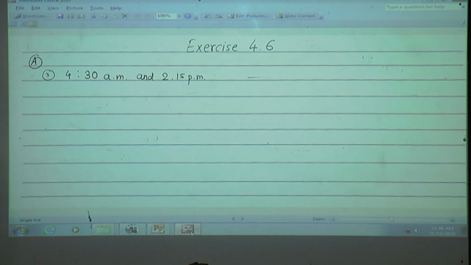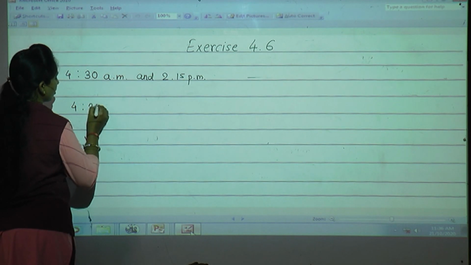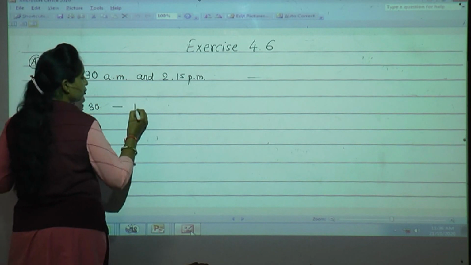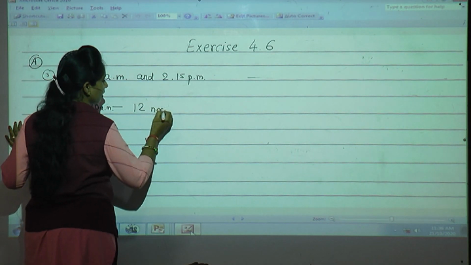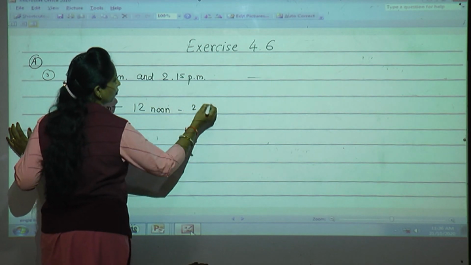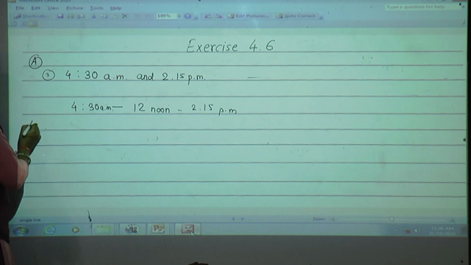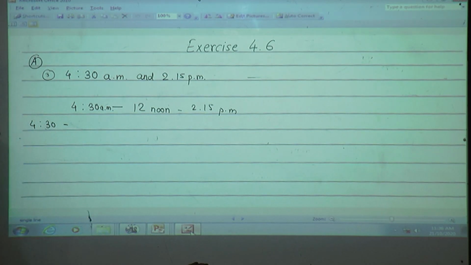First, for that we have seen method 1 and 2. Now here 4:30 is there. After 4:30 AM, what will come? 12 noon will come, isn't it? Then 2:15 PM will come. So write 4:30 first. Then after 4:30 what will come?